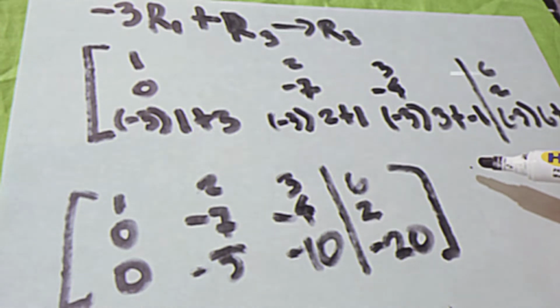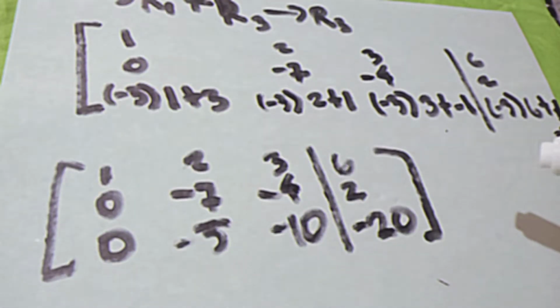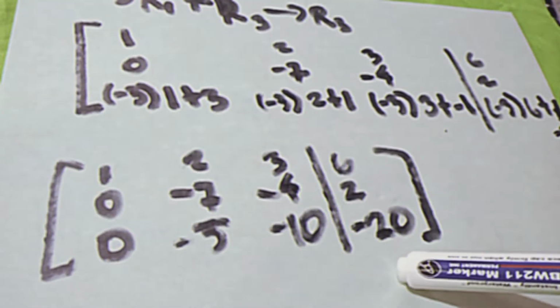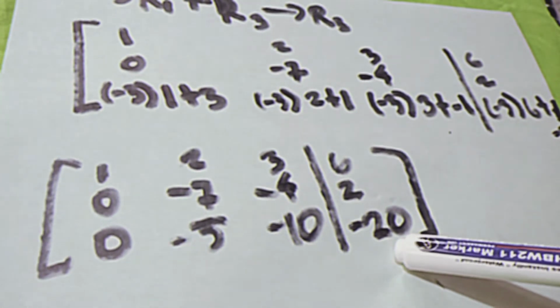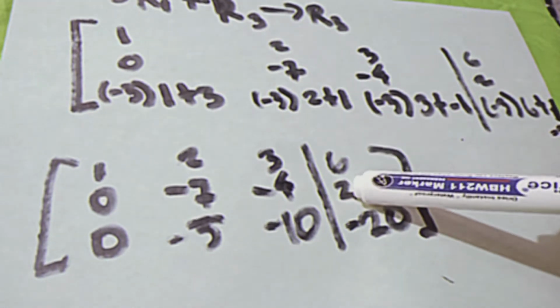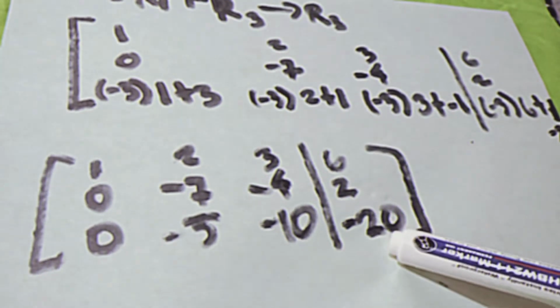The next step is to multiply the third row by negative 1 over 5, then interchange the second row with the third row.